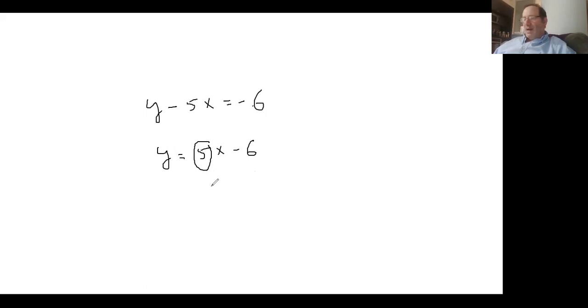But if you didn't want to do that, you could actually just pick 2 points on the graph. So for example, if you looked at B, it actually looks like it's 0, comma, negative 6, right? And then the other point that I picked will be 2, comma, 4.